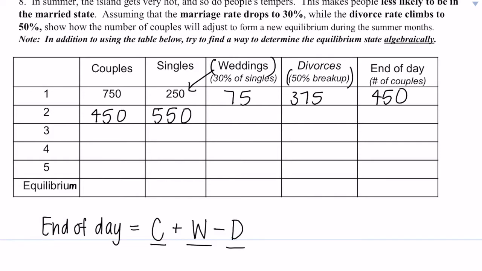And so it just follows this same pattern. So 30% of 550 is 165. 50% of 450 is 225. And our total couples at the end here is 390. And I'll go ahead and fill in the rest of the chart.